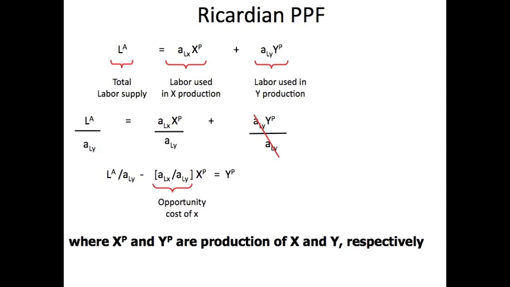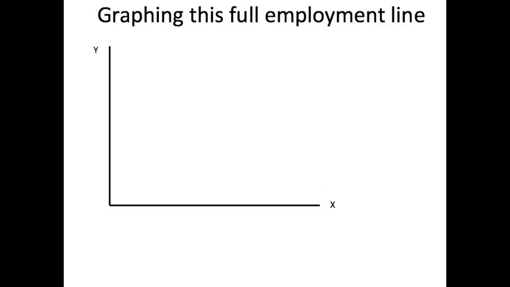And if we look at this equation, we'll see that the slope is the familiar ALX over ALY, which we've already seen is the opportunity cost of X in terms of Y.